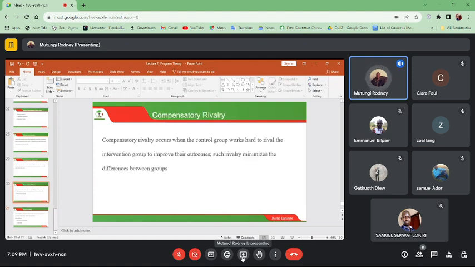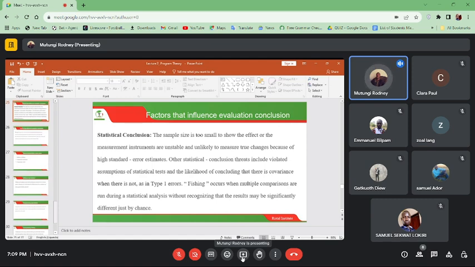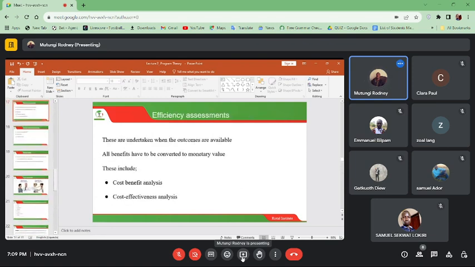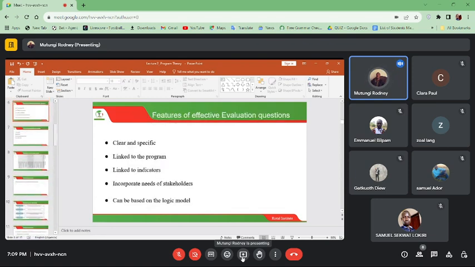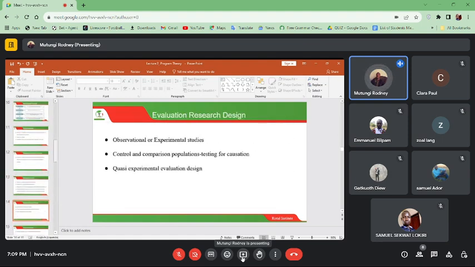So that is how we are going to do evaluation. And after that evaluation, we can really know if our program did well or did not do well. But we start from designing it very well using that logical model, and then from that we can develop some questions to see how we do this evaluation.